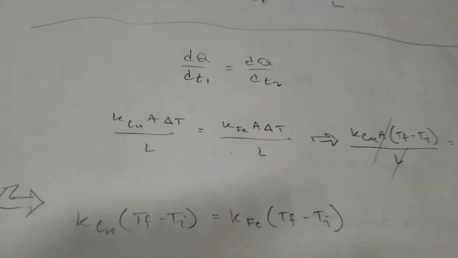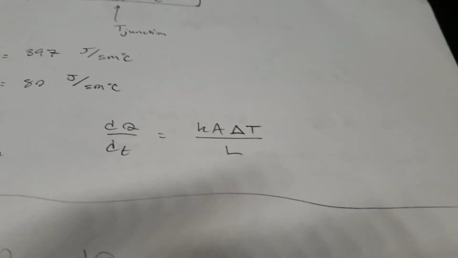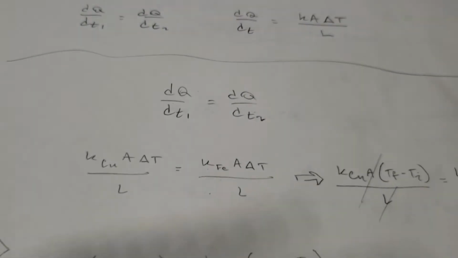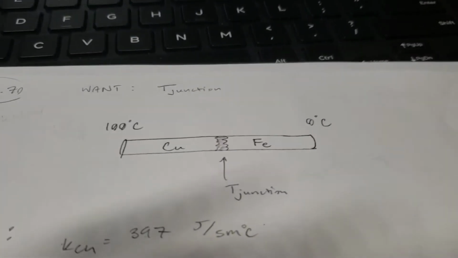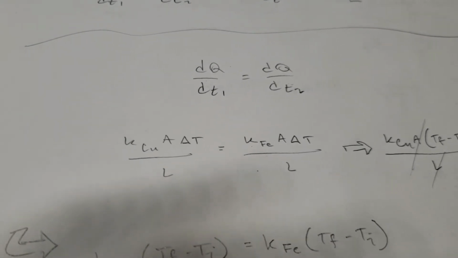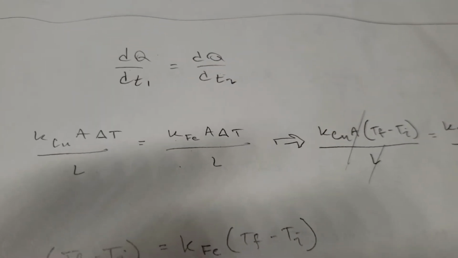All right, so substituting in this term for dQ/dt and making it a bit more specific. On the left, dQ/dt1 is going to be dQ/dt for copper, and dQ/dt2 is going to be that of iron. So we can say the constant of copper times cross-sectional area, rather than just having the general constant, is equal to the term respective to iron.